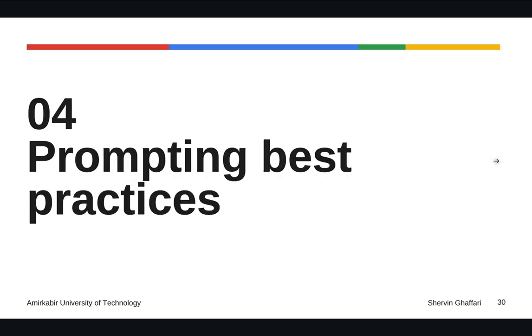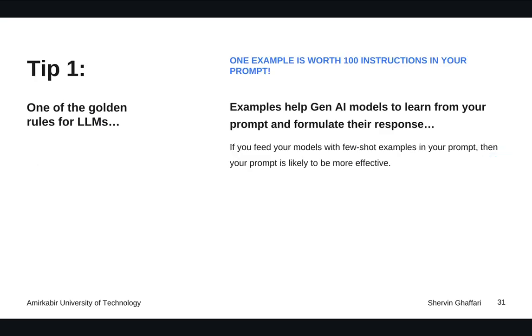Prompting best practices. In this step, I want to talk about some different tips that you can incorporate into the process, expecting a better response if you follow these instructions. One example is worth 100 instructions. You should always include an example instead of adding multiple lines or paragraphs to describe the task.